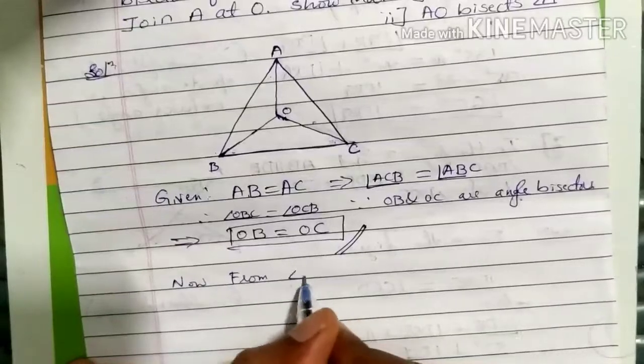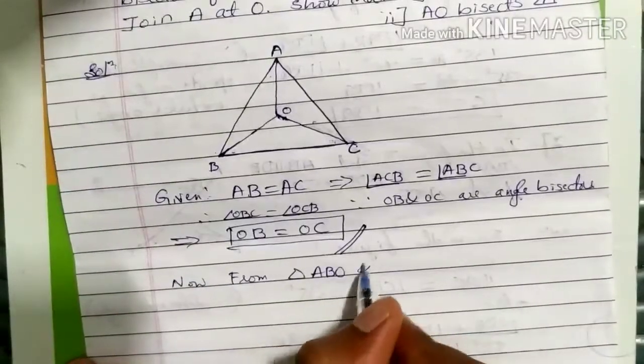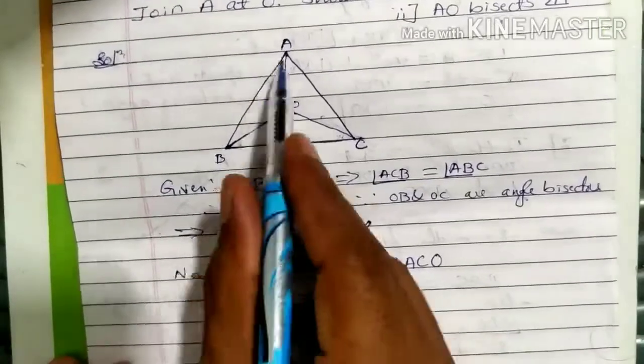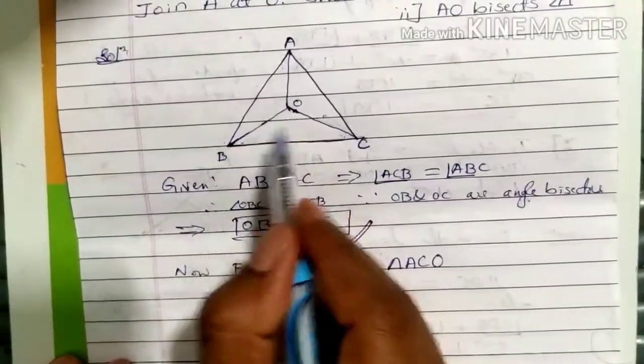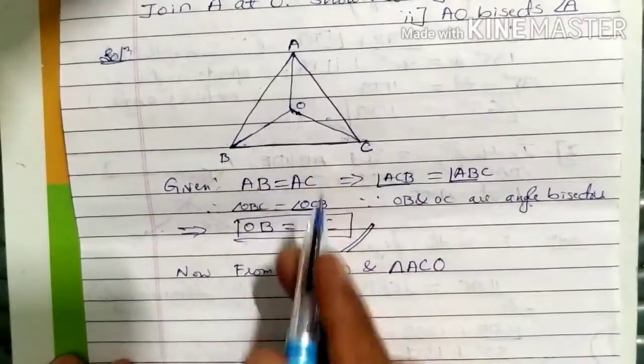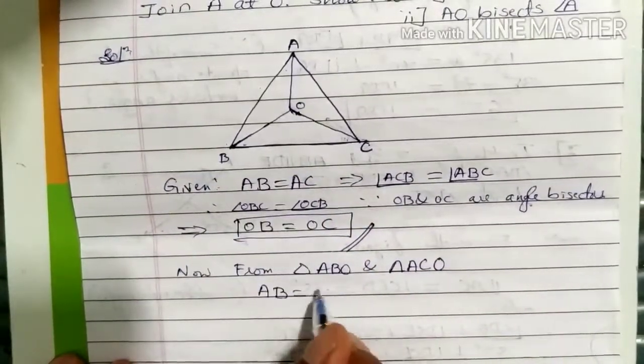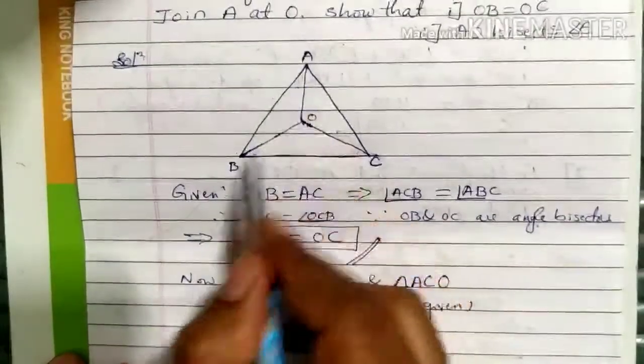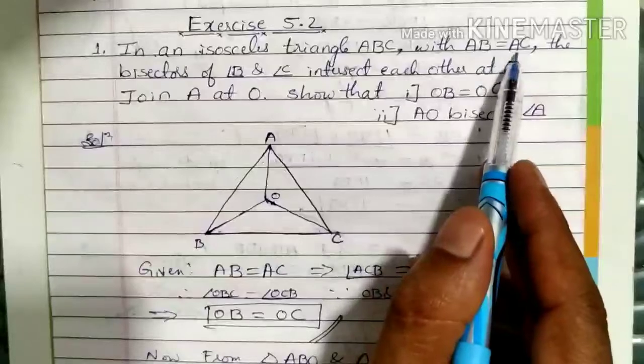From triangle ABO and triangle ACO, AB is equal to AC, because it is given that it is an isosceles triangle with sides AB equal to AC.